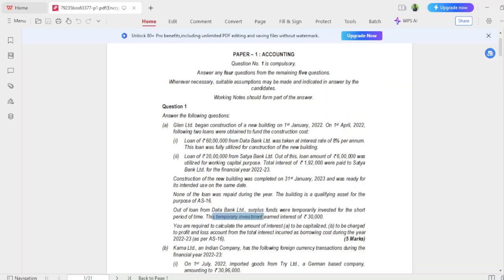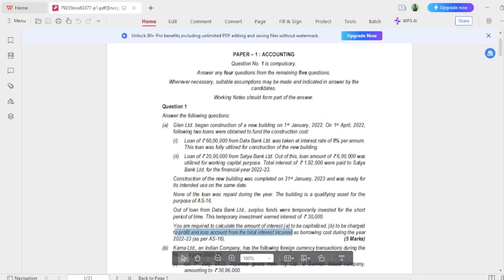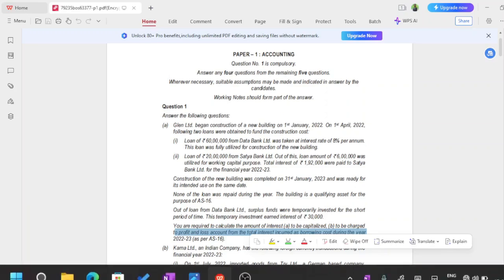This temporary investment earned interest of 30,000. You are required to calculate the amount of interest to be capitalized and to be charged to profit and loss account from total interest incurred as borrowing cost during the year 2022-23. This was the question.